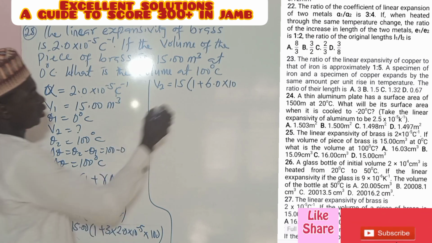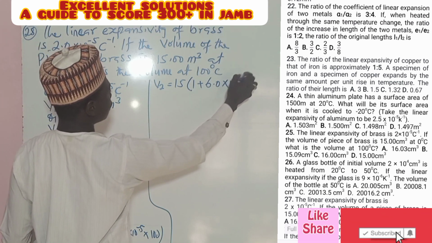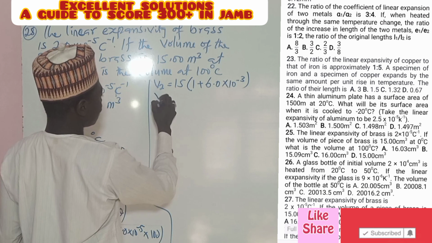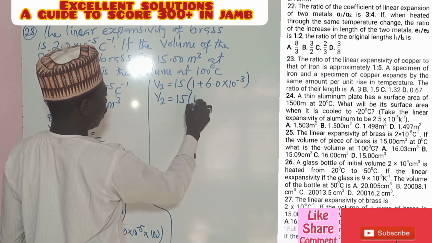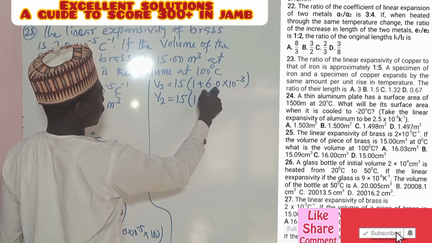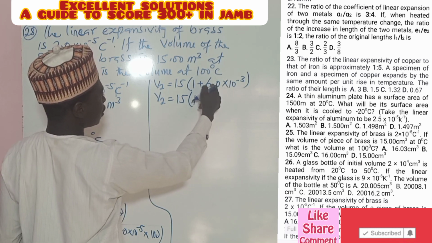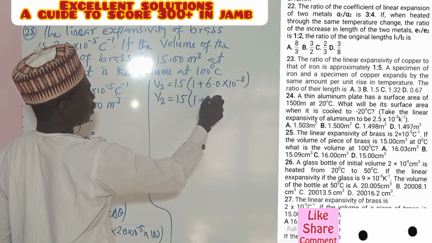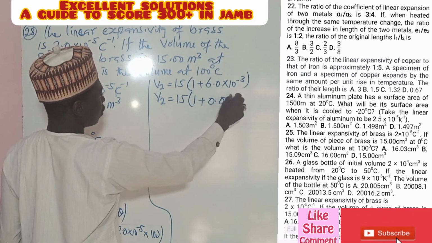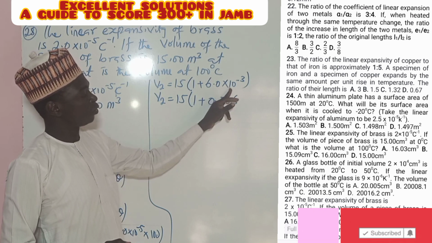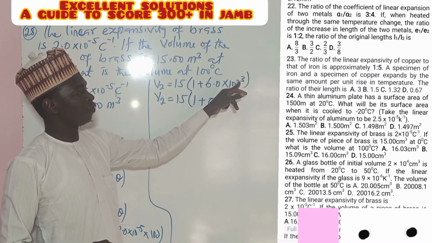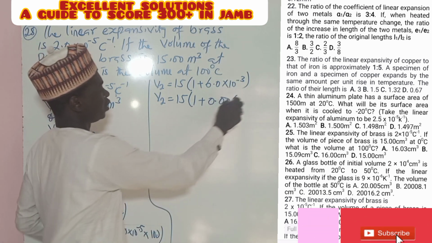So it will be exponential minus 3. So this gives us V2 equals 15 bracket open 1 plus this 6 exponential minus 3, which is the same as taking this point backward 3 times, 0.006. Look at this, if we take this 1, 2, 3, it's the same as exponential minus 3.